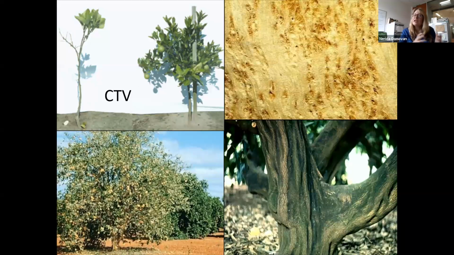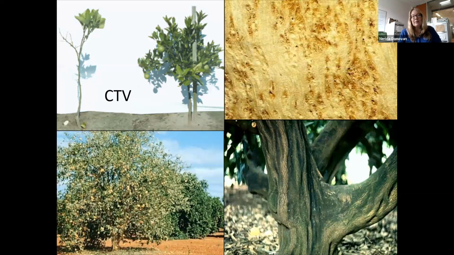There can be stunting, reduced yield, lopsided, funny tasting fruit, and stem pitting. So the photo on the bottom, that's grapefruit stem pitting. And all those citrus buds are actually sold with a mild strain of citrus tristeza virus to protect against grapefruit stem pitting.